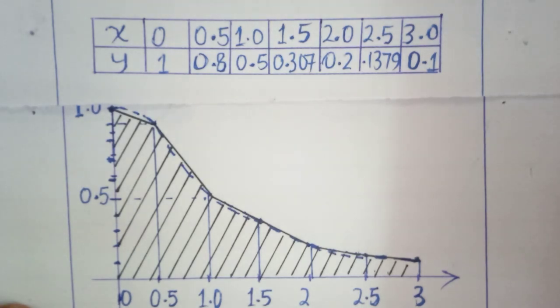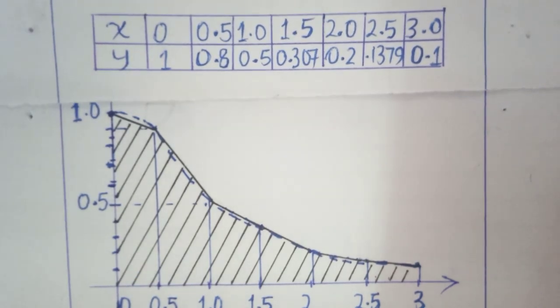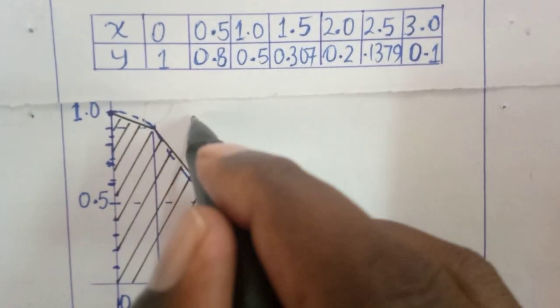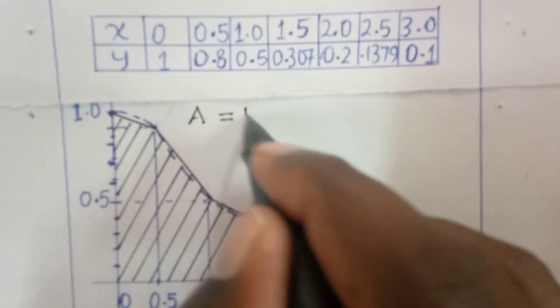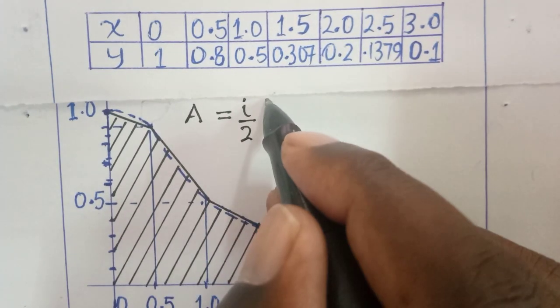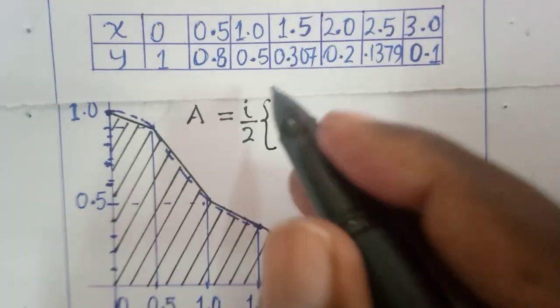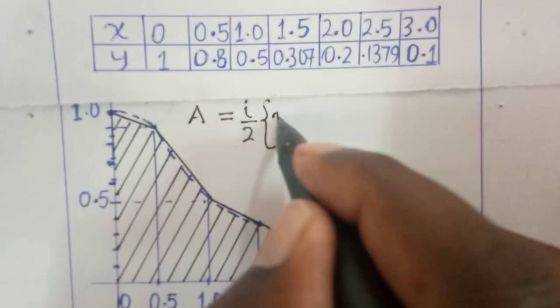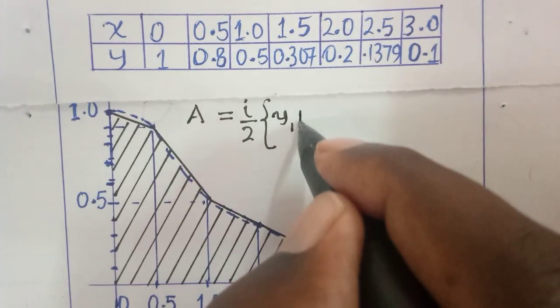The formula for finding that is that area is equal to the interval divided by 2, multiplied by the first coordinate of y, that is y1, and the last coordinate, which is y7.